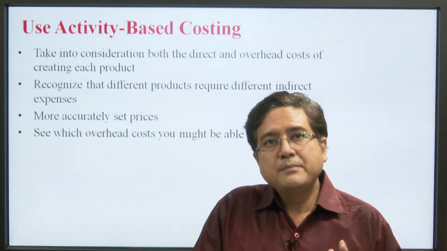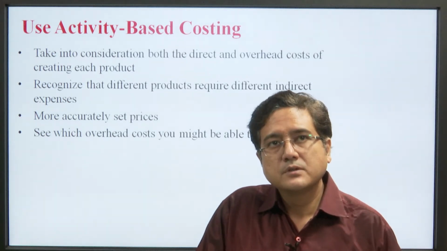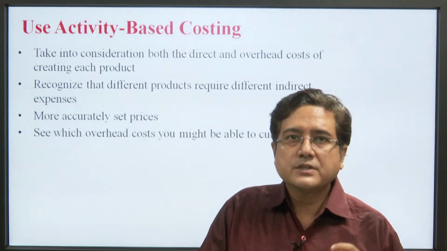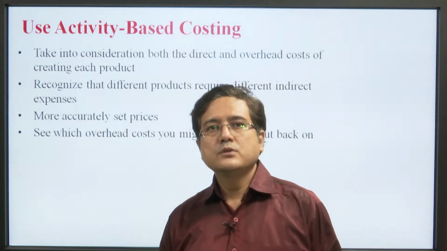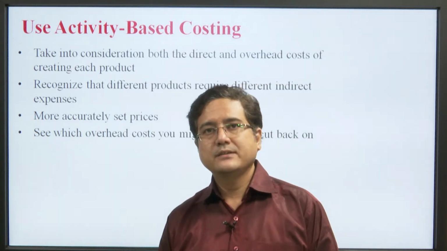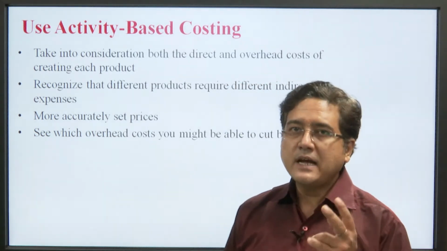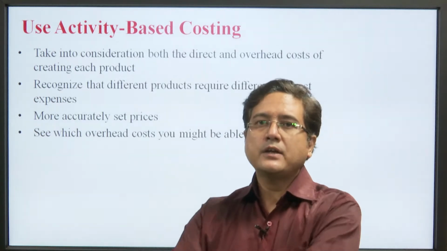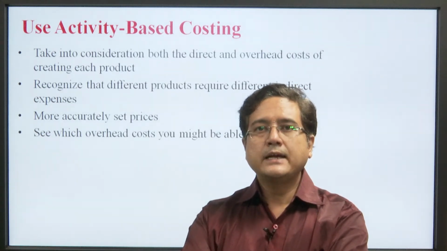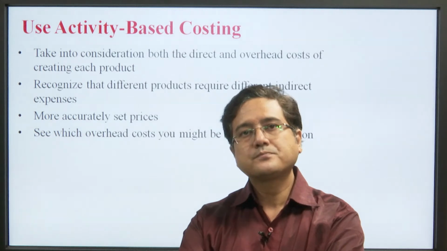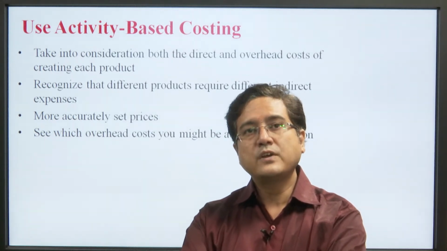So, the first use of ABC costing is taking into consideration both direct and overhead costs of creating each product. There are two types of cost: one is direct, and the second is overhead cost, or we say indirect cost.